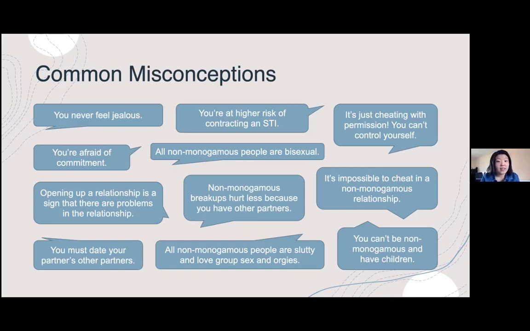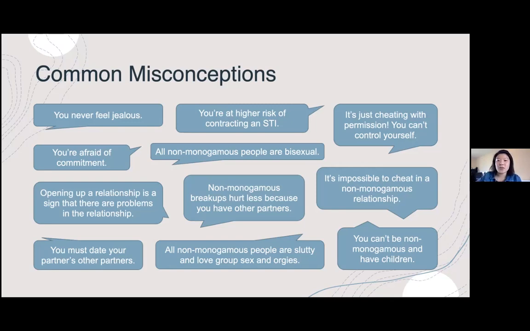And it can even be more difficult because you can't just hide away for 2 weeks and eat ice cream and watch movies and just be an introvert. You have to maintain your existing relationships while you're going through this breakup. So in some ways, non-monogamous breakups can actually hurt more because there is this difficulty of managing your existing connections as well.